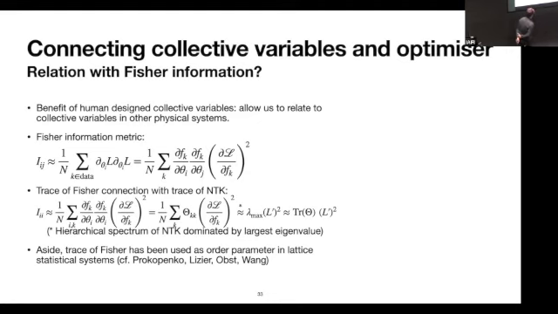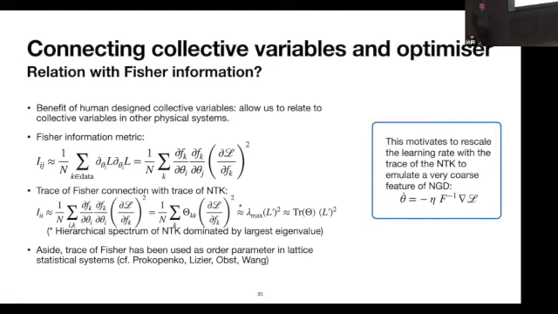That starts to appear, and this motivated us a little bit to look at which role the trace plays in rescaling the learning rate, as a very coarse first feature of natural gradient descent to implement.